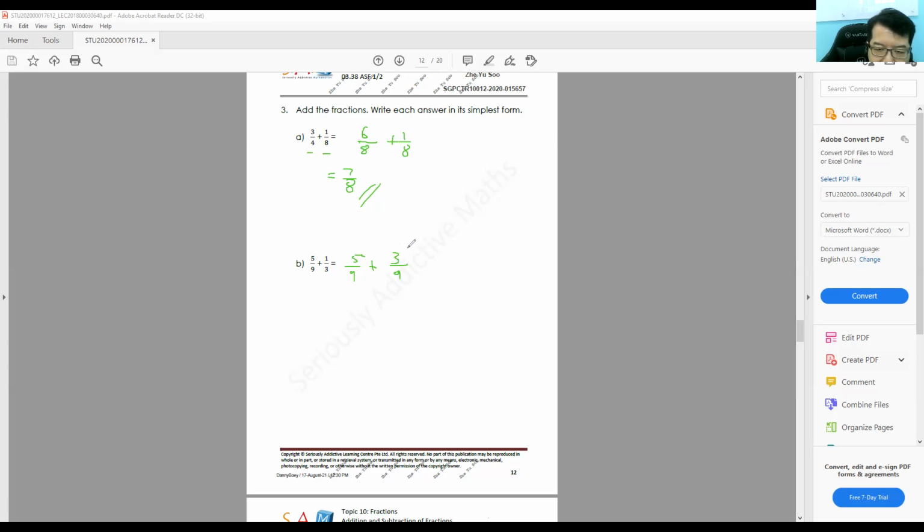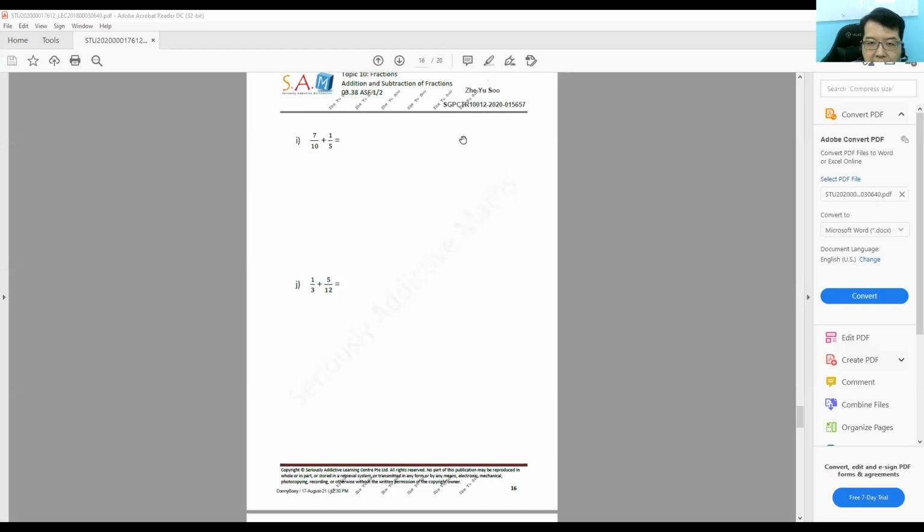So 1/3 is the same as 3 out of 9. And we've done that in equivalent fractions as well, correct? So let's add them together. 5 out of 9 plus 3 out of 9 equals 8 out of 9. Is this fraction in its simplest form? Yes, it is. So that is the answer. Okay, let's get ready for a few more practice before we move on to the next part of today's lesson.